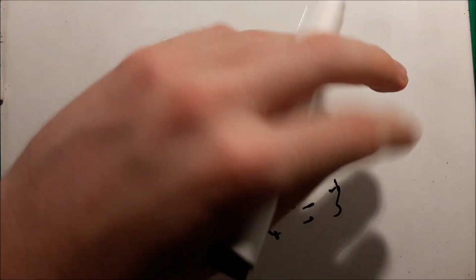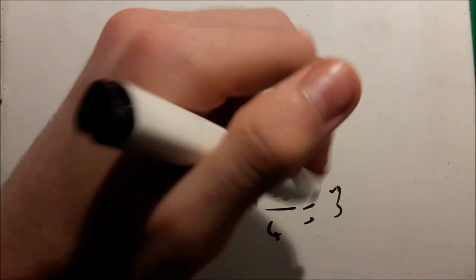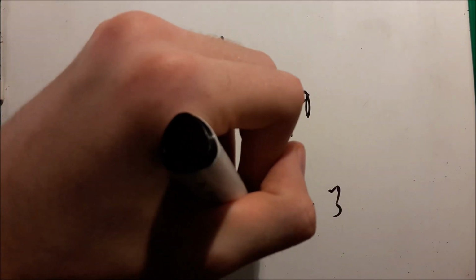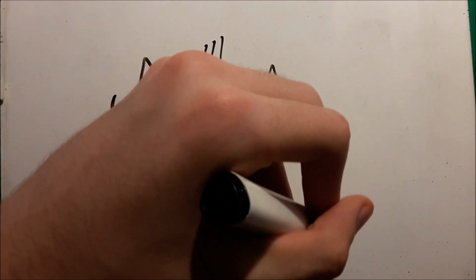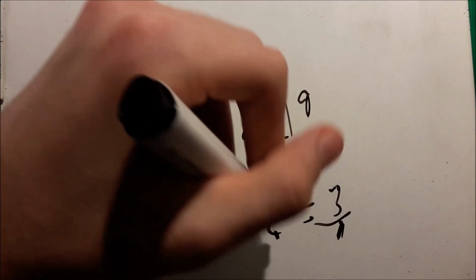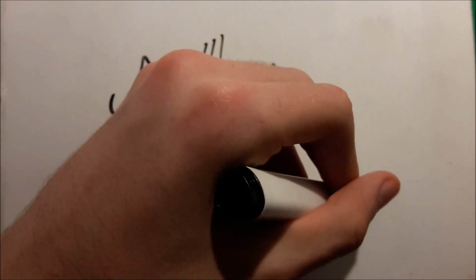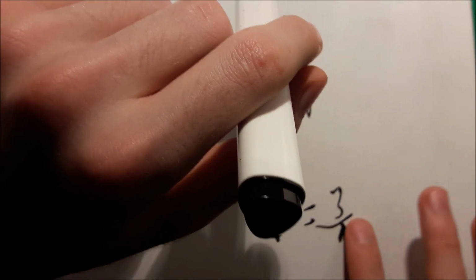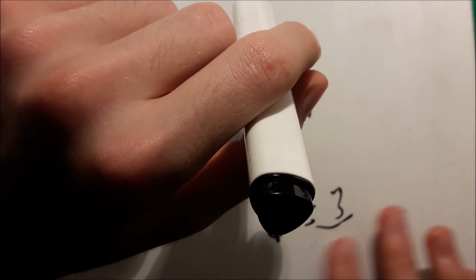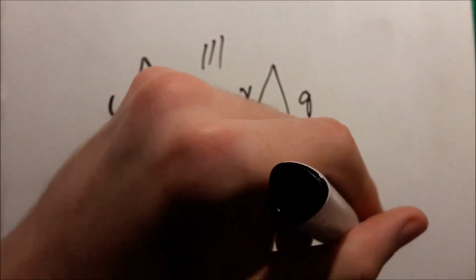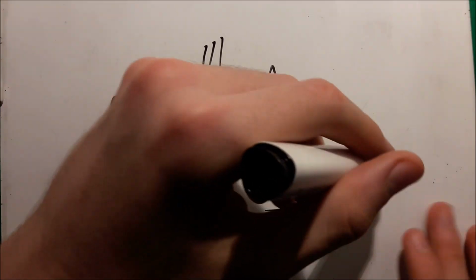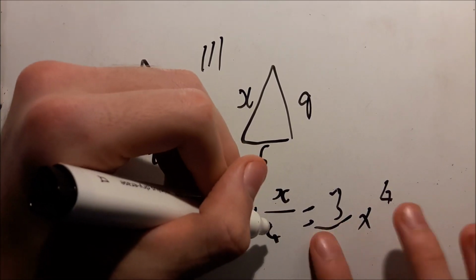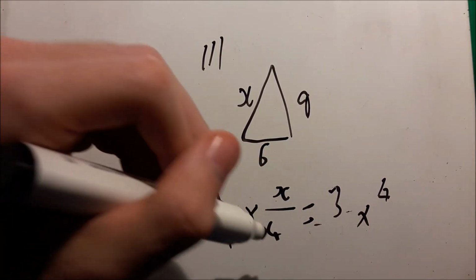What we can do is times both sides by 4, because here we're timesing it by 4 to get rid of the 4 at the bottom.